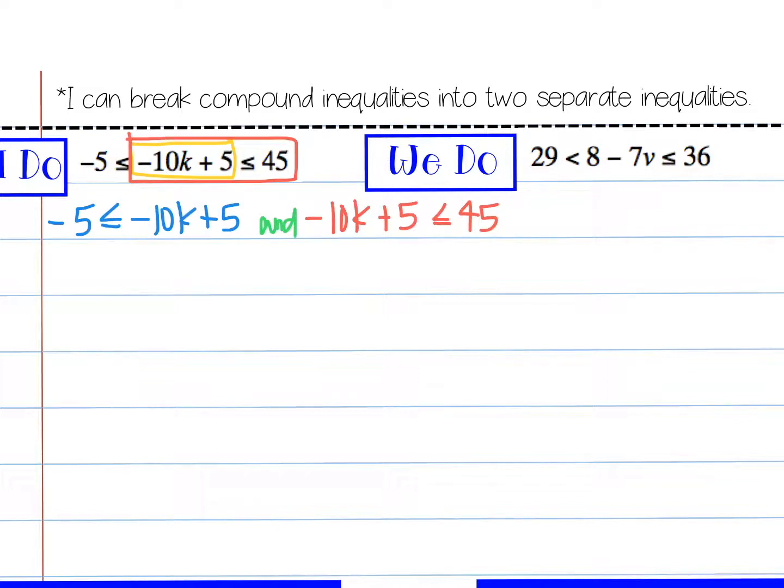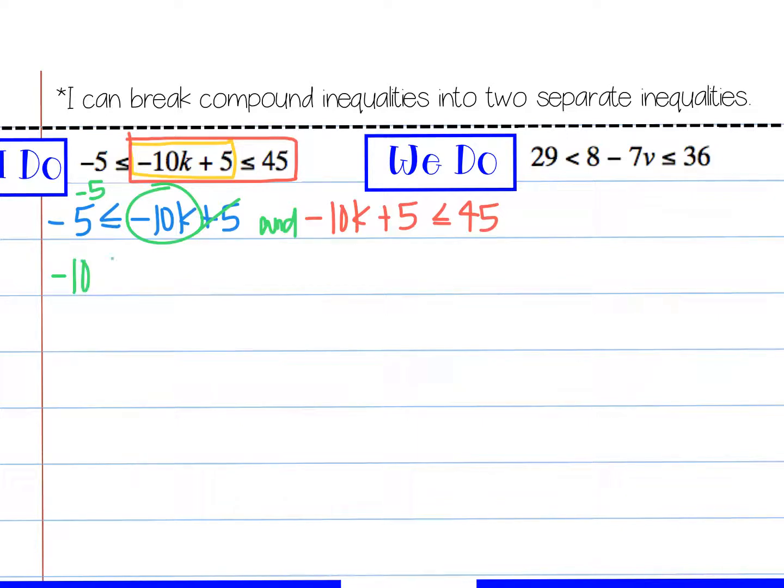So what has to be true is that -5 has to be less than this value, and this value has to be less than or equal to 45. So now I have my two inequalities. And how do I solve for x? Well, now we just go back to what we already know, and I'm simply going to get x by itself, or k. So I see that my k's are already over on this side, so I'm going to get rid of that +5 by subtracting.